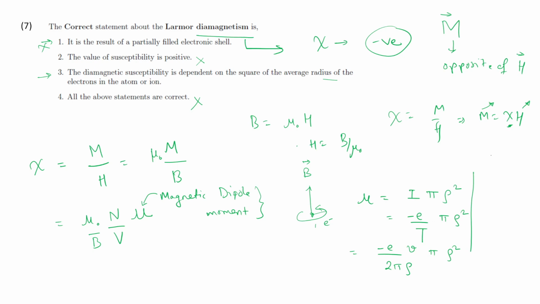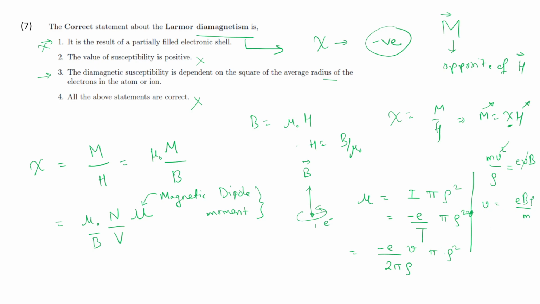Since it is in a magnetic field, m v square by rho is equal to e v B. The magnetic force is giving the centripetal force. So from here we get the value of v: v is equal to e B rho over m.